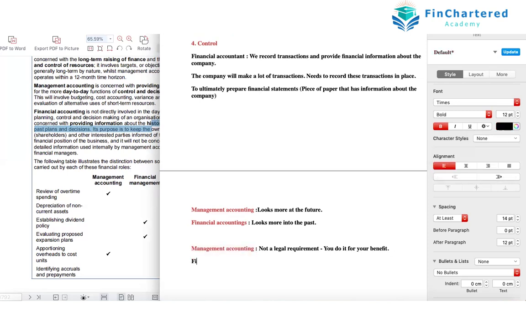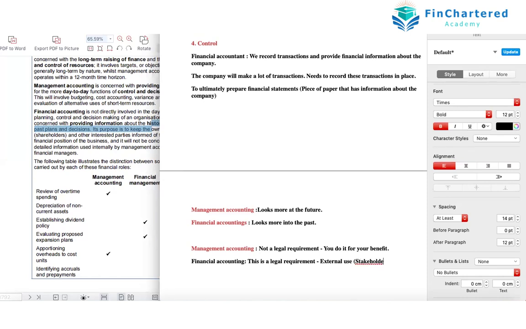Versus financial accounting, preparing financial statements is a legal requirement. Companies are by law expected to prepare financial statements. A lot of external people will look at this, external use, many stakeholders. We will look at this in this chapter, what the stakeholders are, but many stakeholders will use it.